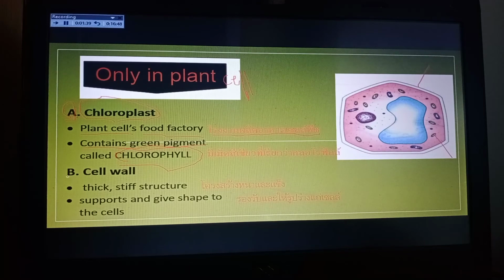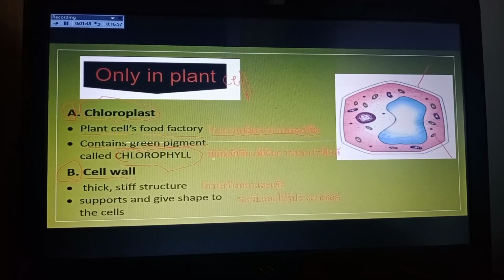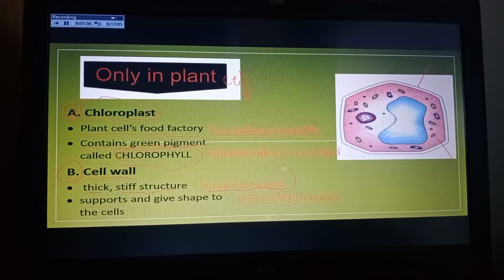Next, letter B, which is the cell wall. The cell wall is a thick, stiff structure. This is the meaning in Thai.